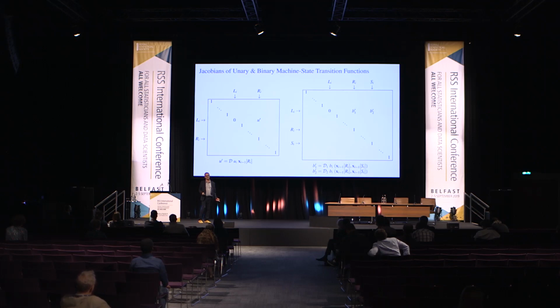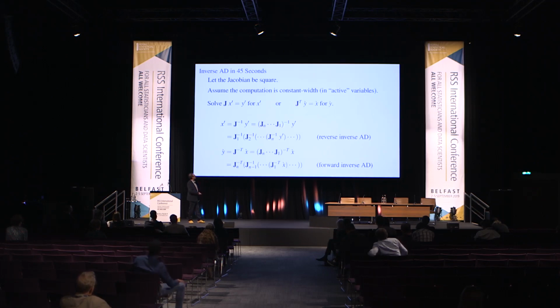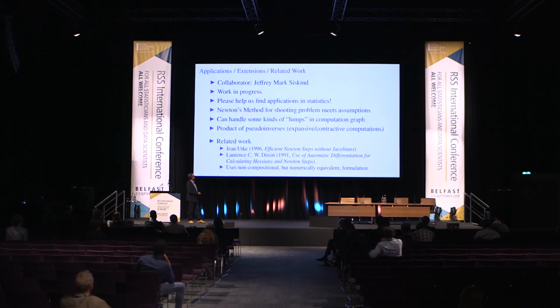That's a pretty severe constraint. Now you can try to relax that constraint by doing tricks, but okay. There's one kind of computation that seems naturally to meet that, and that's shooting problems. So you have an ODE, and you have an output target, and you're trying to figure out what input to the ODE will meet that output, like a very high dimensional one. This seems to be good for that kind of thing.